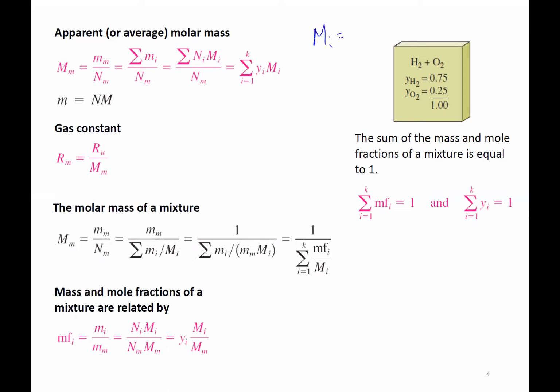The molar mass, or molecular weight, of an individual component is the mass of that individual component over the moles of that individual component. In SI units, that would be kilograms per kilomole, or in English units, pound mass over pound mole.